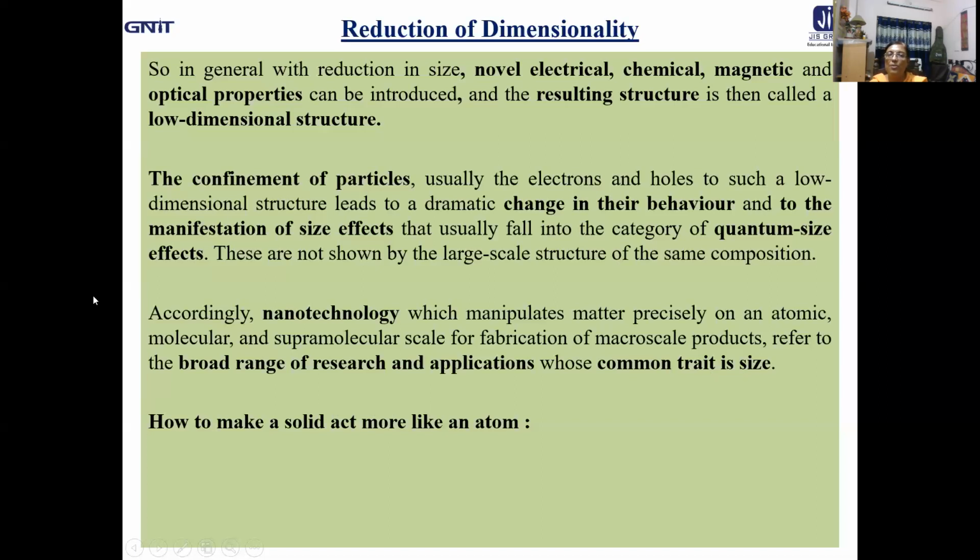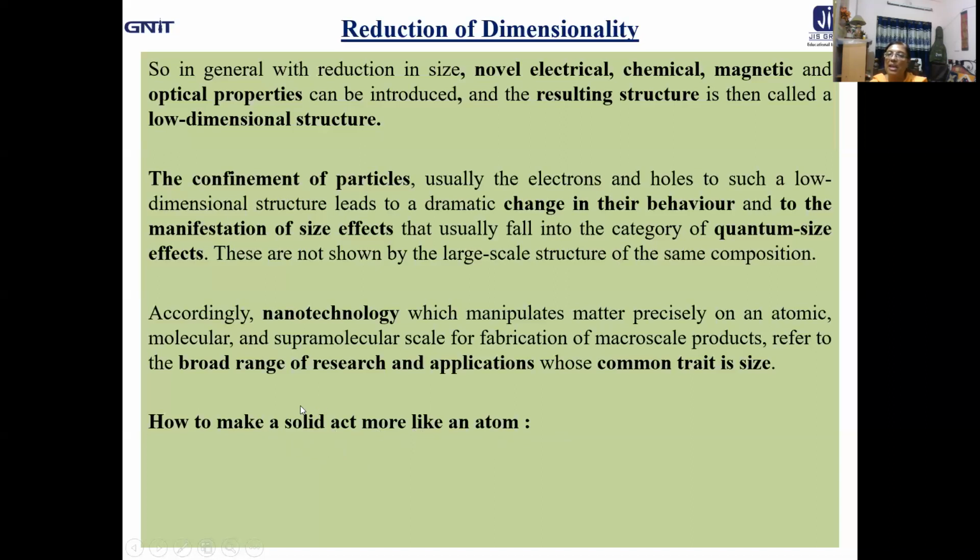Now, the basic point remaining is how to use the size effect to be manifested as something very special so far as the different characters or properties of the material are concerned. From the individual solid, how do we make a solid act more like an atom?